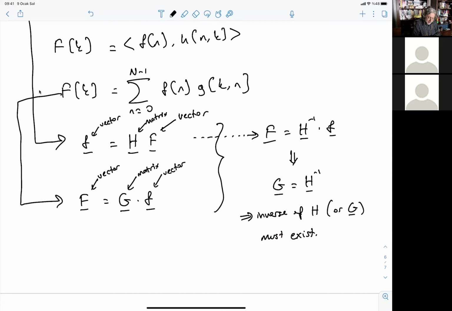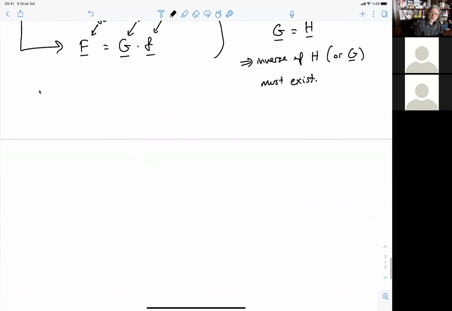But if G and therefore H are orthonormal, that means it's a unitary matrix that we have. And for unitary matrices, we have very nice properties.